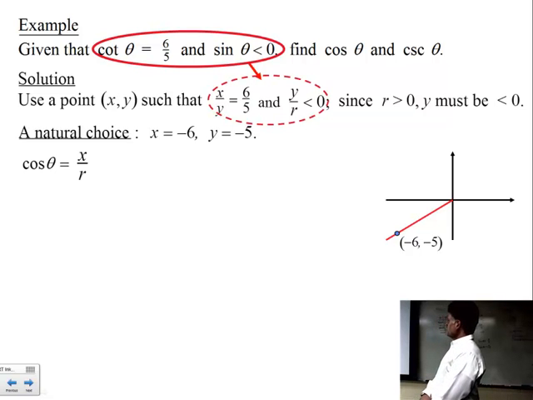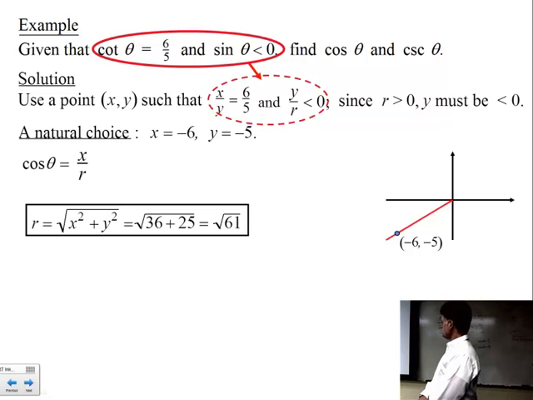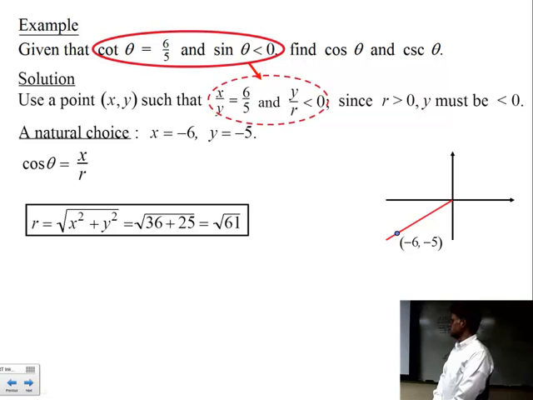So now the cosine of theta is x over r. So r is the square root of x squared plus y squared. So we have x and y. We compute this and we get the square root of 61. And we always take the positive square root for the radius.